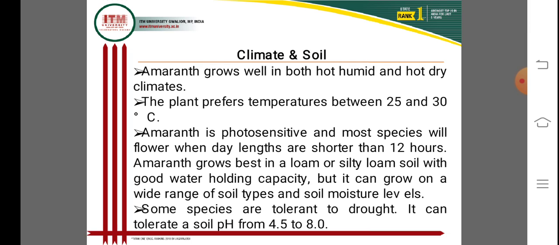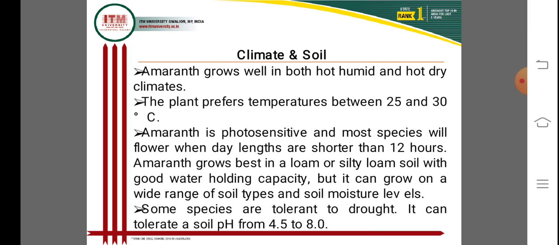Amaranthus is photo insensitive, which is important for photosynthesis and plant growth.